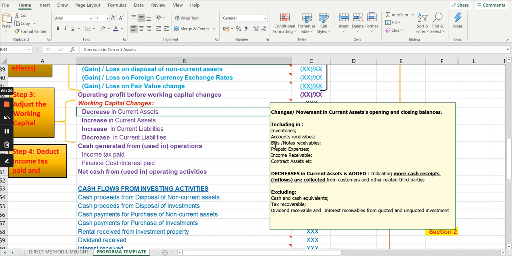This is not doing a consolidated cash flow. Bear in mind, we are just doing a single statement of cash flow. Items like prepaid expenses, here we are talking about prepaid operating expenses. Income receivable, we are not talking about dividend income receivable, but operating income receivable, or maybe contract asset.